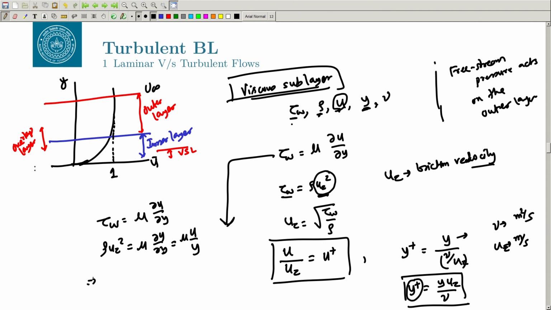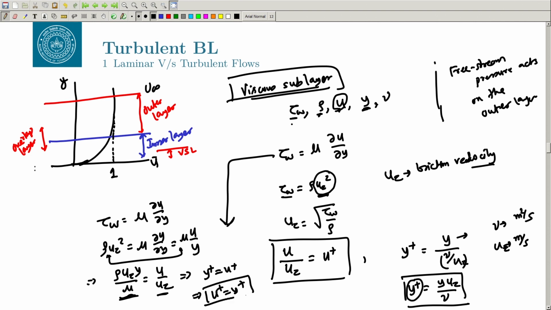Then you can reorganize it and take this y to the left hand side. So, this is rho u tau y by mu is equal to u by u tau. I have just reorganized these two terms. What is this thing? This is y u tau by nu, and this is your u by u tau. So, that means we got y plus equal to u plus.